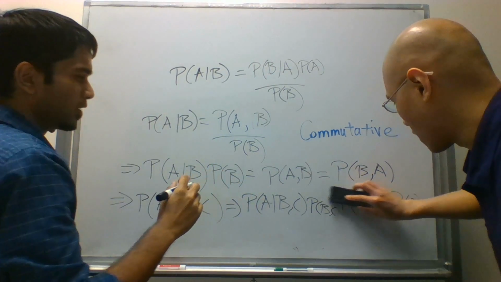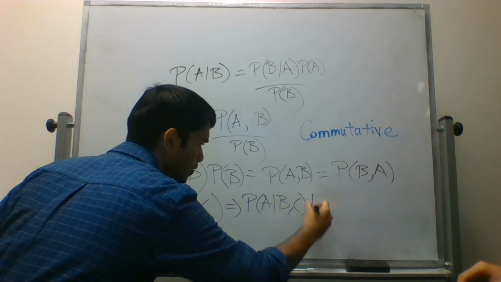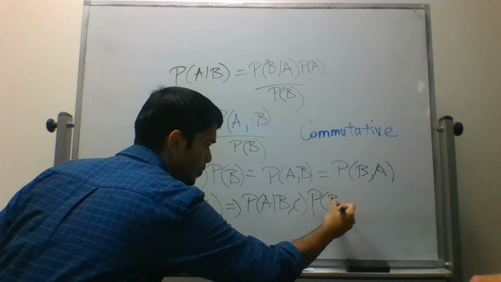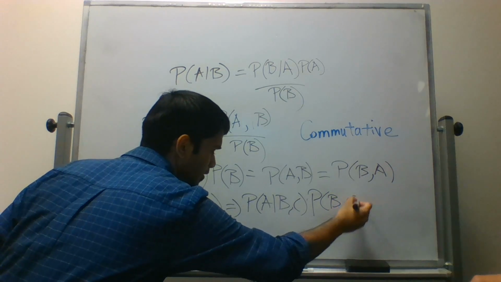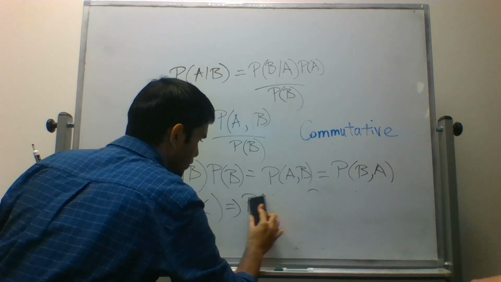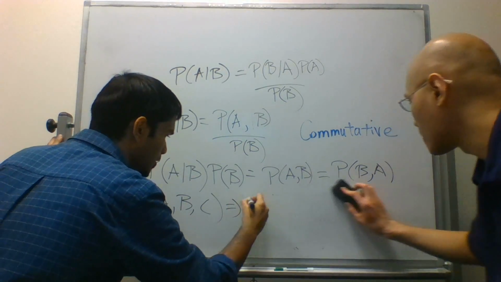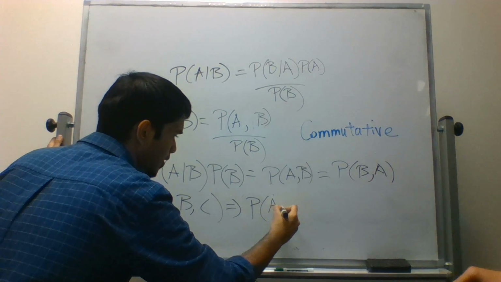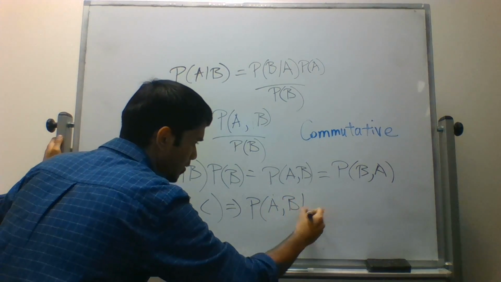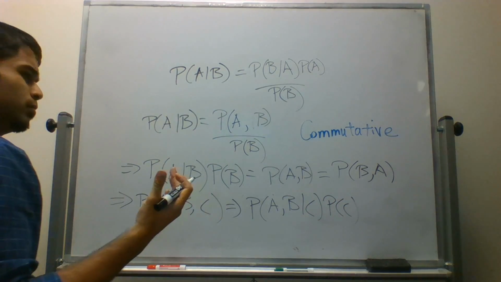Here, I'll erase this. Sorry, write that again, Arnab. So also equal to probability of B and C. I could also write this maybe as, let's say, probability of A and B given C times probability of C. What else?